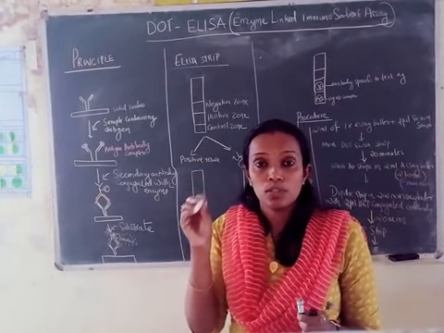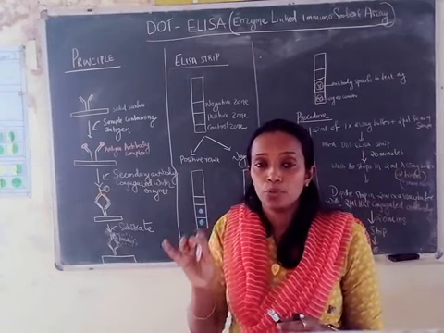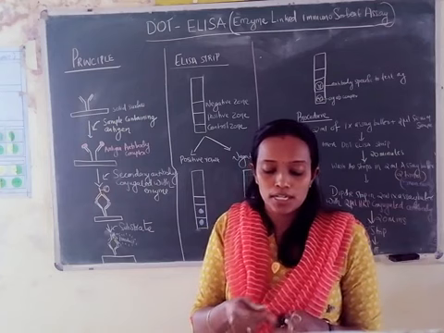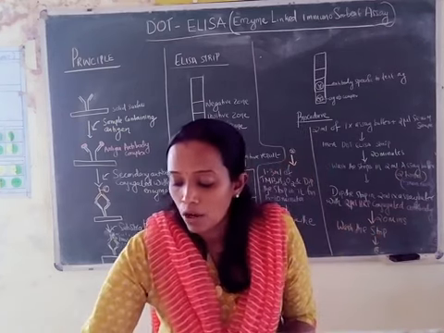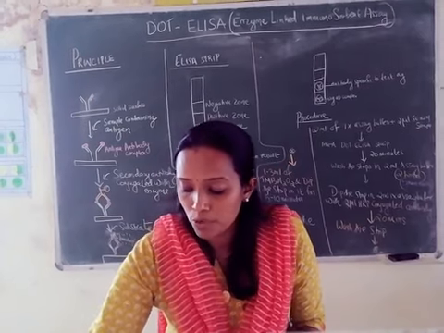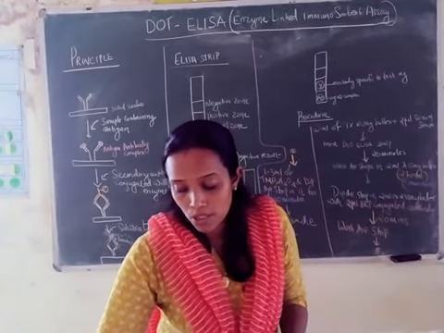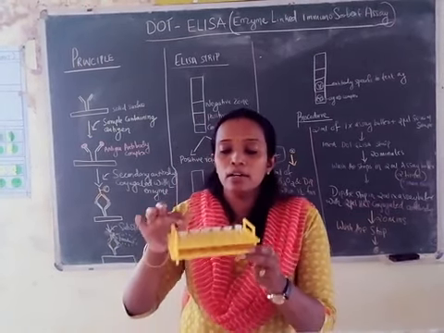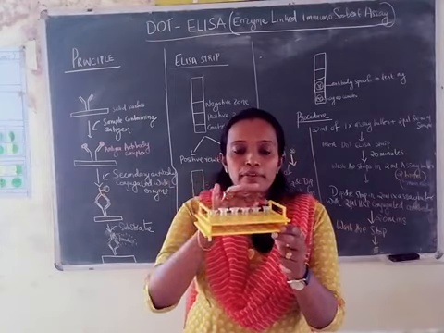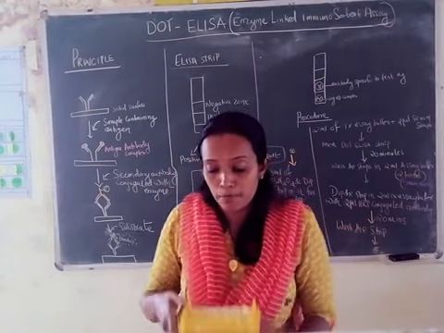HRP stands for horseradish peroxidase. Since it is horseradish peroxidase, all of you know that the substrate used here is TMB-H2O2. Everything is given, and you need to keep all of it ready before doing the experiment. Now the preliminary thing is to prepare the 1x assay buffer. I have made a different series of 1x assay buffer which will be used for different purposes throughout the experiment.